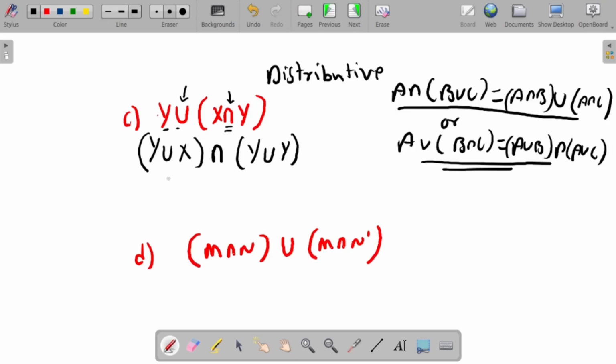Y union X intersection Y union Y, the answer is basically Y. So in this case now, it has shifted. I've got set Y, I combine it with set X, then at the end of the day, I try to find out what is common between that particular set that I've made with Y. Of which the answer is just going to be Y.